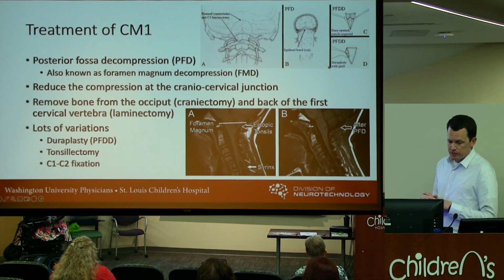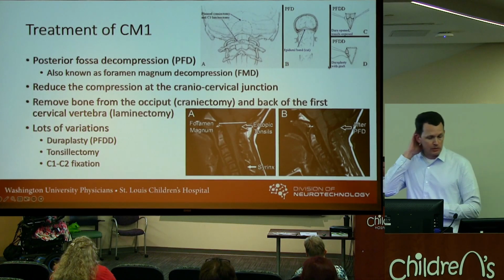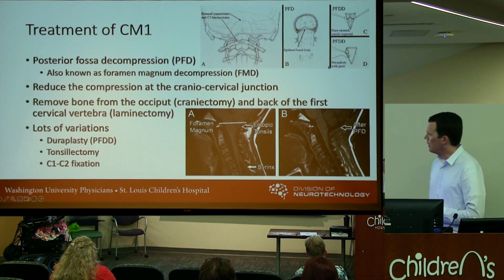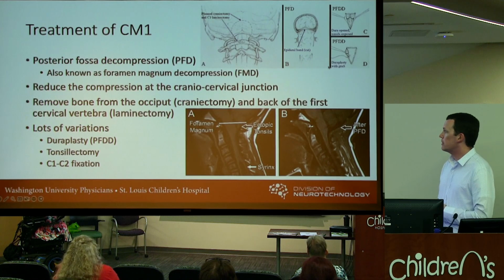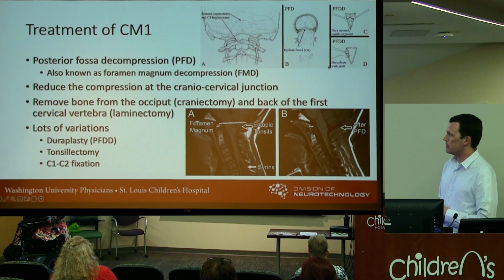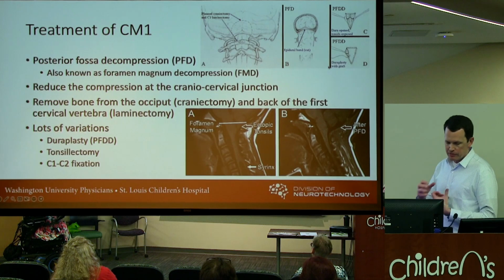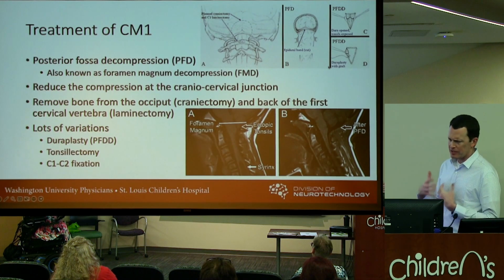The goal is to reduce that compression at the craniocervical junction, as I described before, and the way that's usually achieved is by removing some portion of the bone from the occiput, that back part of the skull, and that's called a craniectomy, and to remove usually some part of the back of the first part of the cervical lamina, or C1, and that's called a laminectomy. That combination of procedures is what we call posterior fossa decompression. It's the workhorse procedure for treating a Chiari malformation.